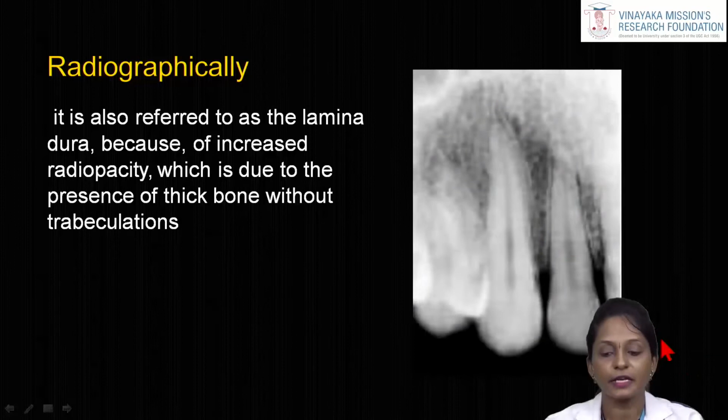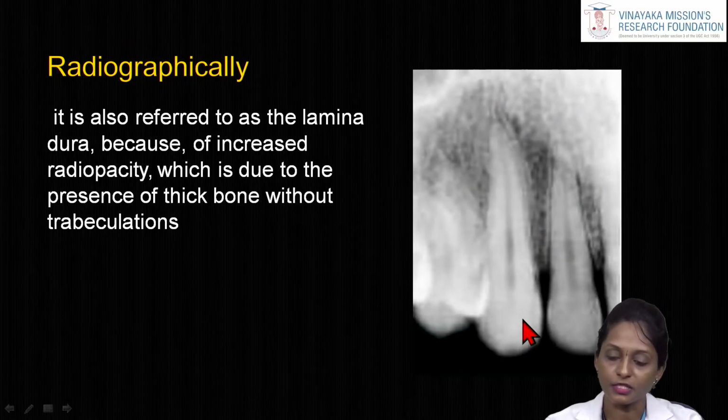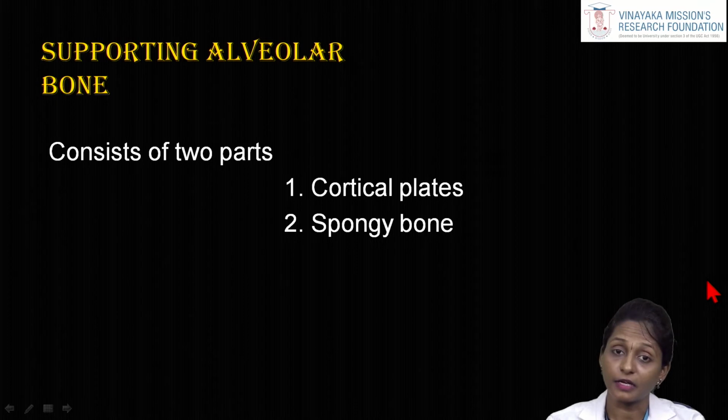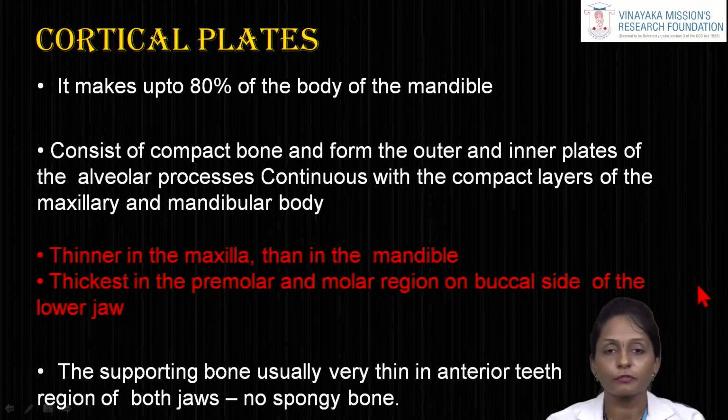If you see it radiographically, as I have already said, this lamina dura appears as a radio-opaque line which is continuous with your tooth root. Then moving on to the supporting alveolar bone. As I have already said, it consists of cortical plates and spongy bone. First let us see the cortical plates.